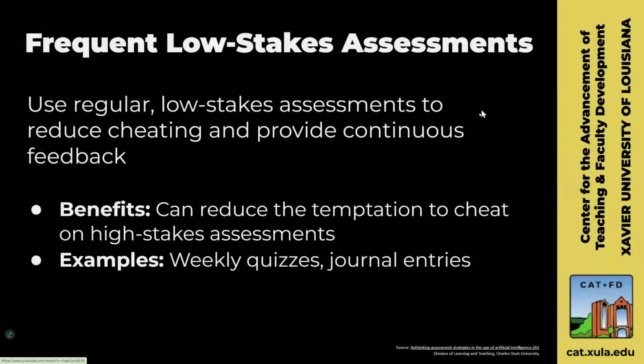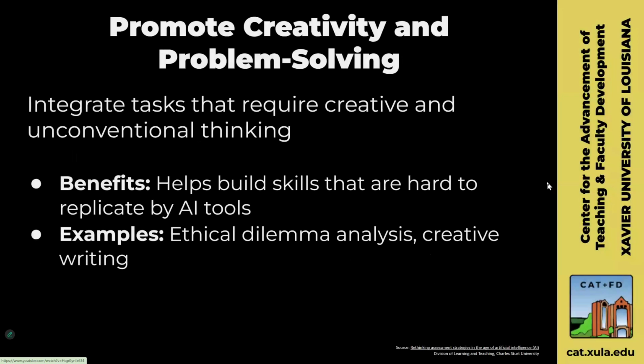Frequent low-stakes assessments. So use those regular low-stake assessments to reduce cheating and provide continuous feedback, like weekly quizzes or weekly journal entries. Promote creativity and problem solving, integrate tasks that require creative and unconventional thinking.